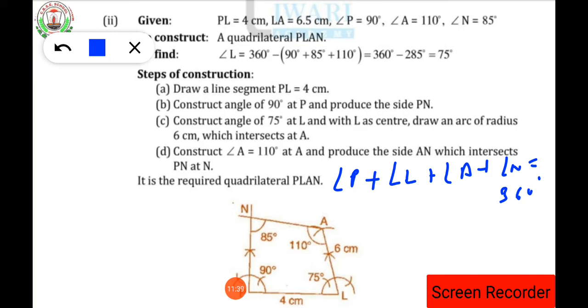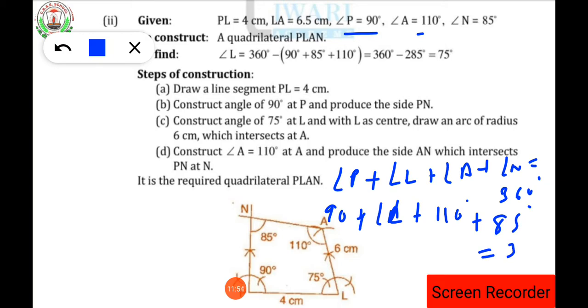Now, measurement of angle P we have 90 degree, then angle L we have to find out, plus angle A is equal to 110 degree plus angle N is equal to 85 degree is equal to 360 degree, isn't it?